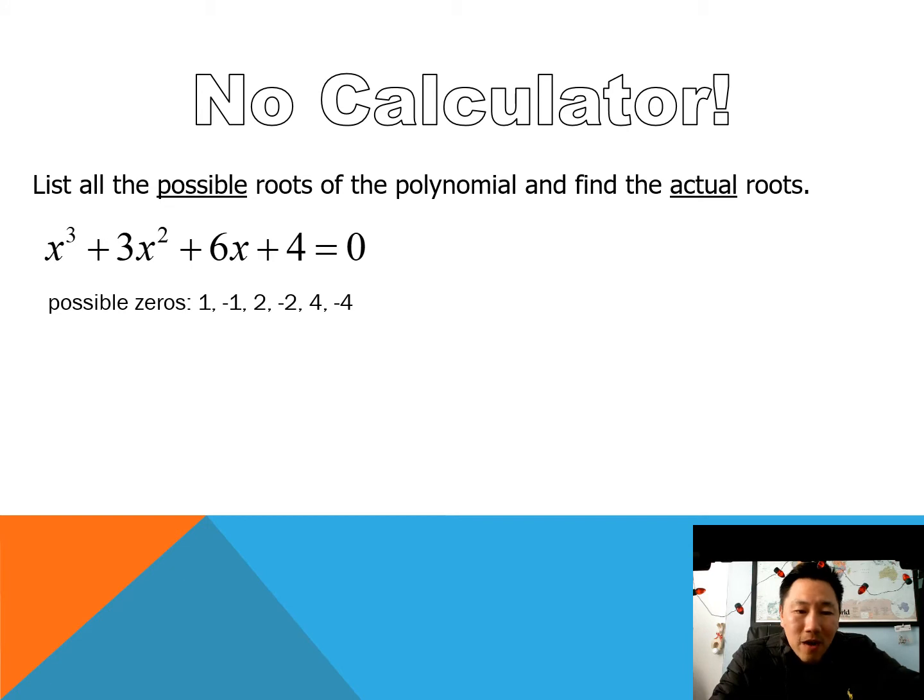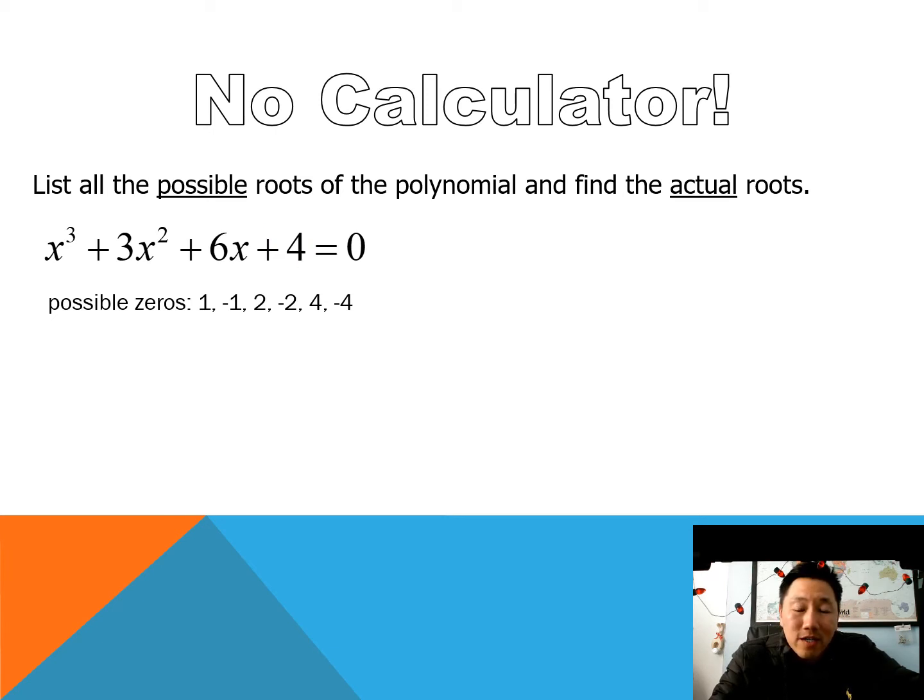And here are the possible zeros, the possible answers. It's all the numbers that go into 4. Okay, so it's positive 1 goes into 4, negative 1, positive 2, negative 2, positive 4, and negative 4. Those are the numbers that are factors of 4, positive and negative.